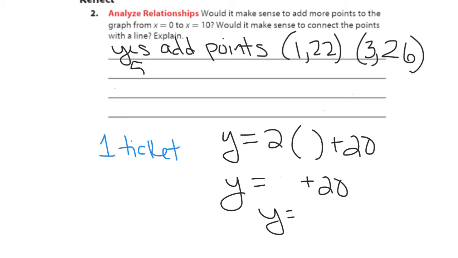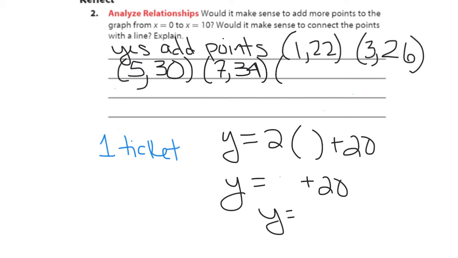What about 5 tickets? So 2 times the 5 would give you 10. 10 plus 20 would give us 30. I'd end up paying $30. How about 7 tickets? That's an odd number. We didn't use that. 2 times 7 would give us 14. 14 plus 20 would give us 34.